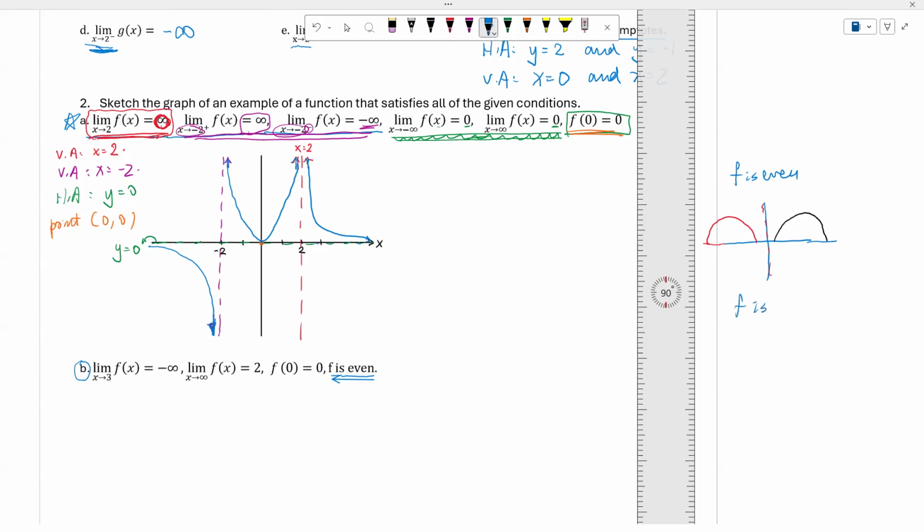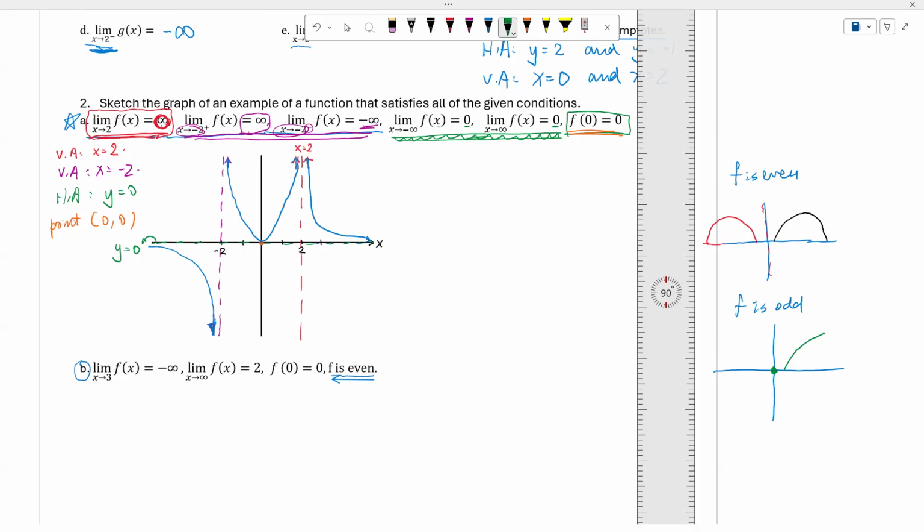Then what if f is odd? If f is odd, the idea basically is you have a reflection, kind of like this, or it is symmetric with respect to the origin.